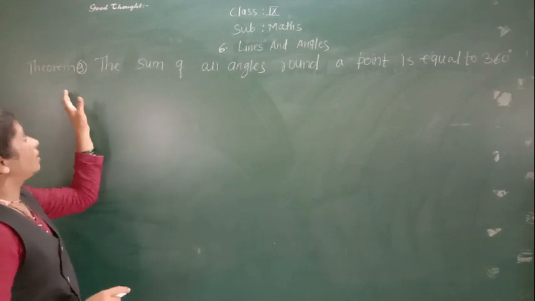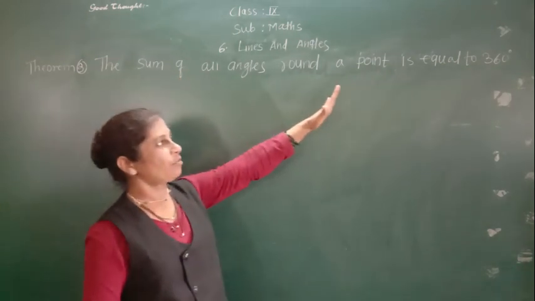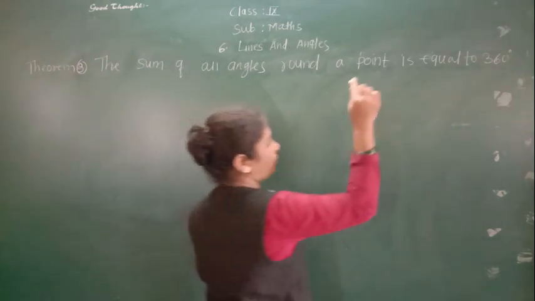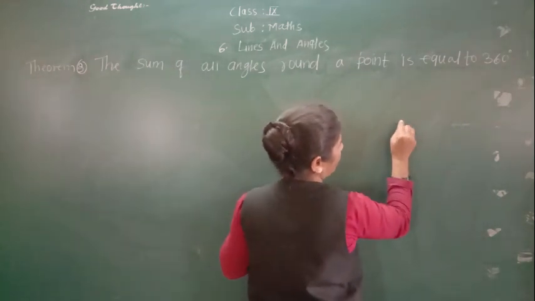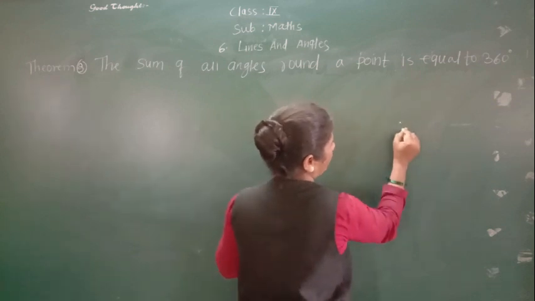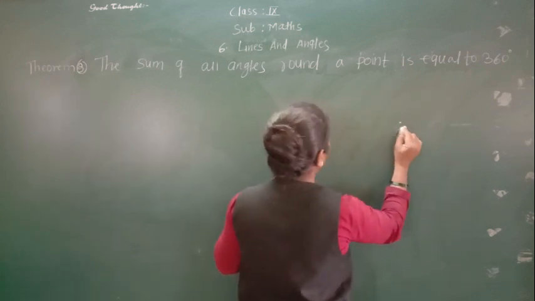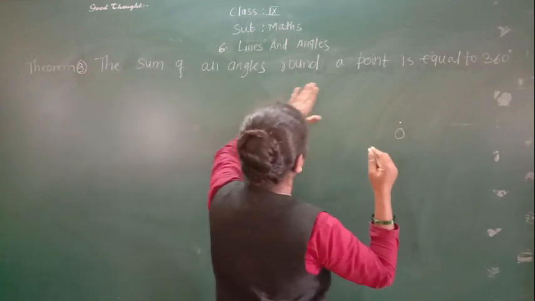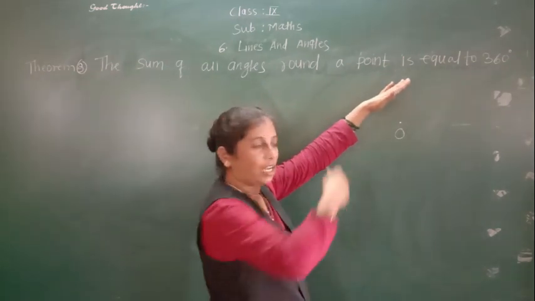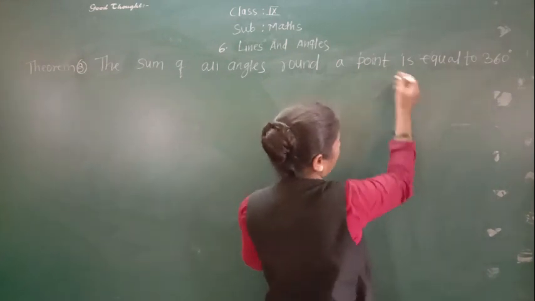The next theorem is: the sum of all angles around a point is equal to 360 degrees. Suppose I take a point O. We have to make the angles around this point.